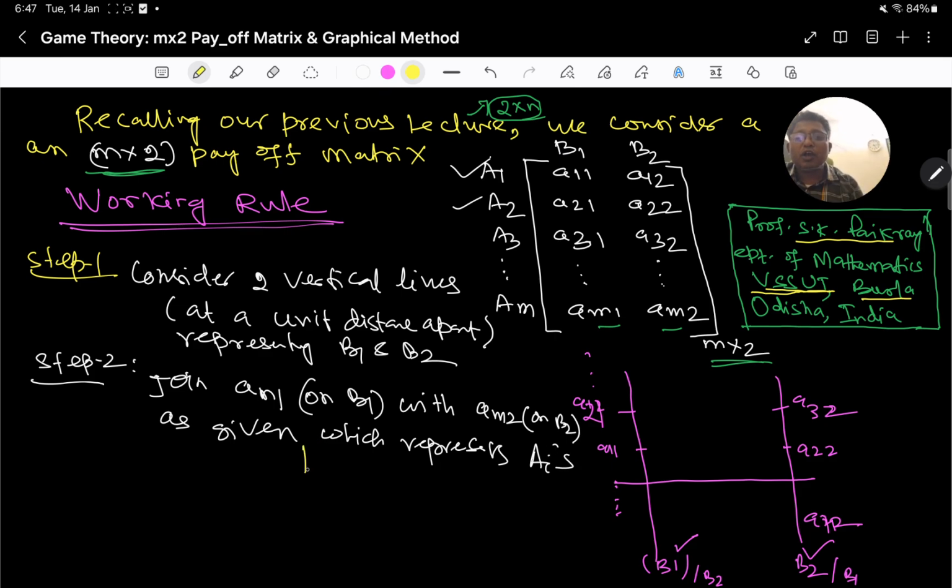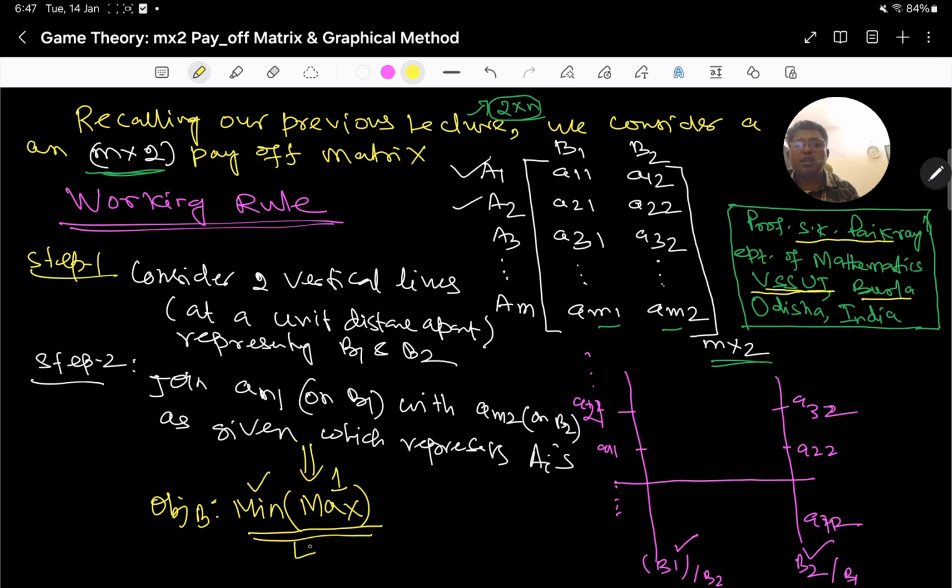Now if you recall, what is the objective of B? The objective of B is to first find the column maxima, then find the minimum of the column maxima, that means minimize the maximum profit. So for maximization we have the upper envelope, and we have to find the lowest point of the upper envelope.